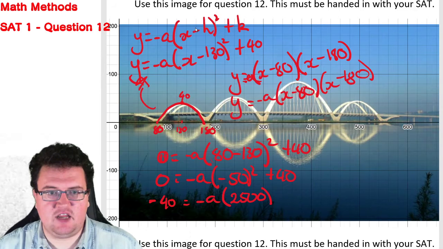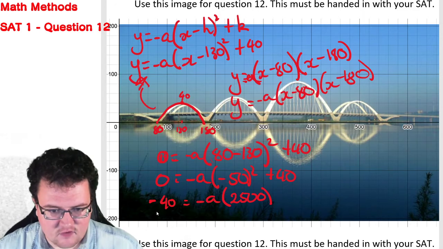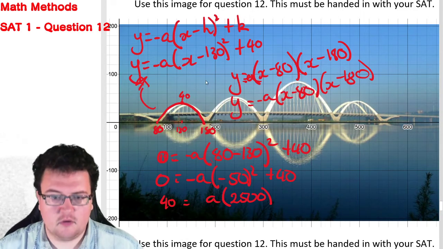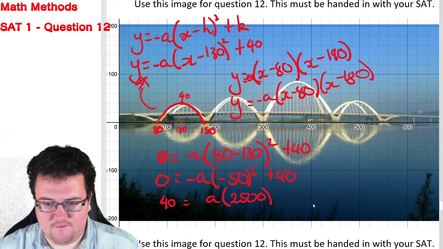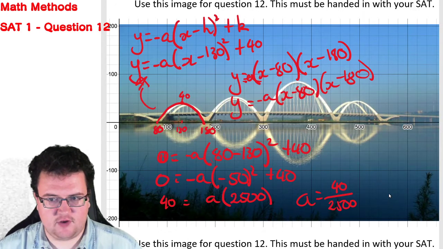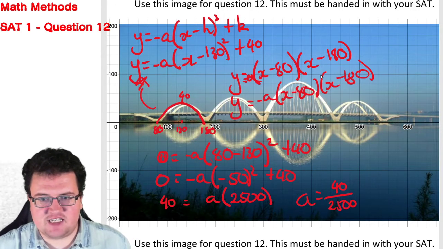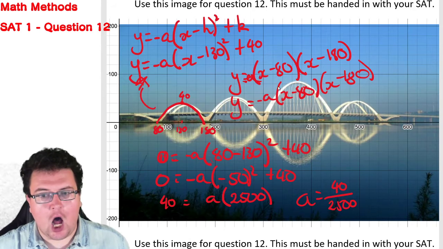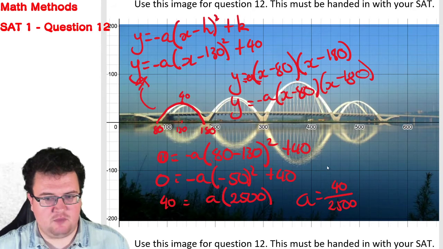Because they're both negatives, I can just get rid of the negatives and therefore get my value of a equals 40 over 2,500. Now, if I were to take the 130 and put it into here, I would also end up with the same value.